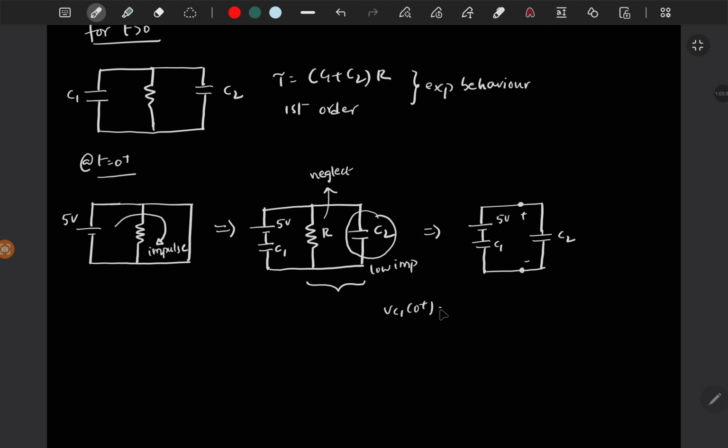So VC1 of 0 plus is equal to VC2 of 0 plus, and the steady state voltages might be different because there is some finite time constant and it should behave as exponential behavior. So let's check at t tends to infinity, but for t is equal to 0 plus, this is 5 times C1 by C1 plus C2.